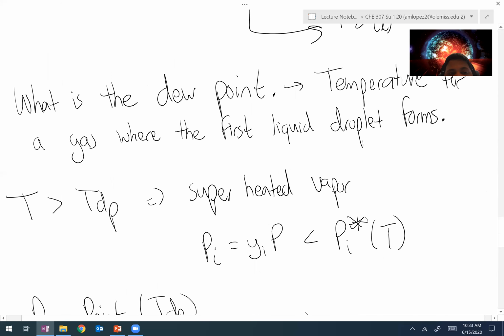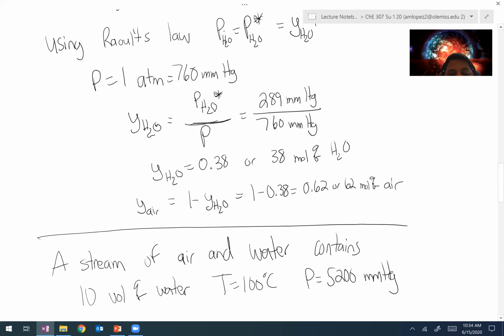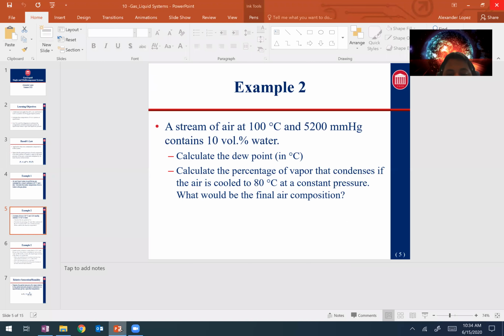All right, let's take a look at the next part of this problem, where we're trying to figure out the percentage of water that condenses if we cool to 80 degrees Celsius, and then the final air composition once we know how much water vapor is going to condense.